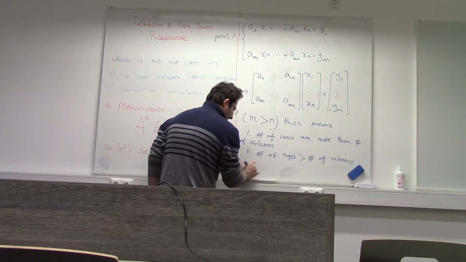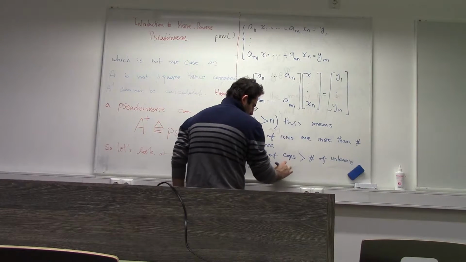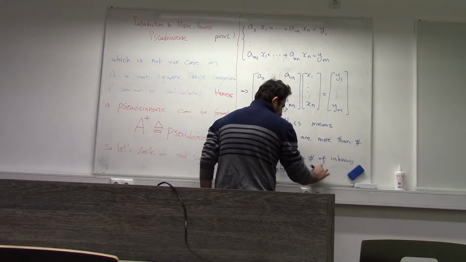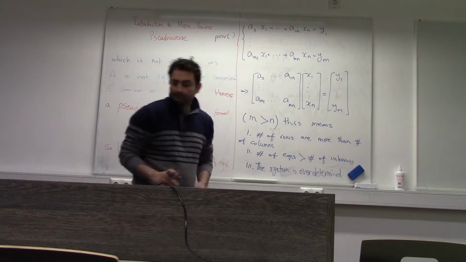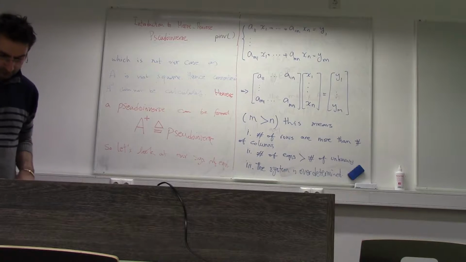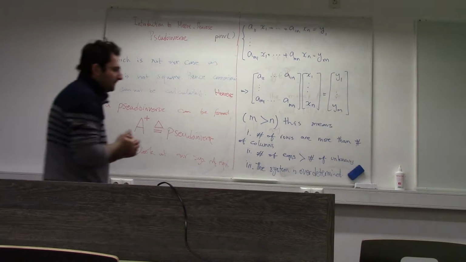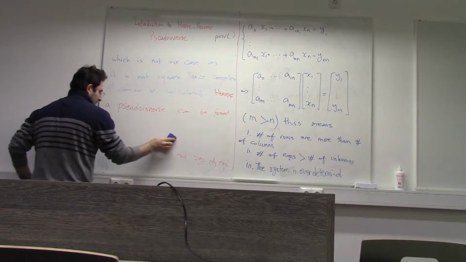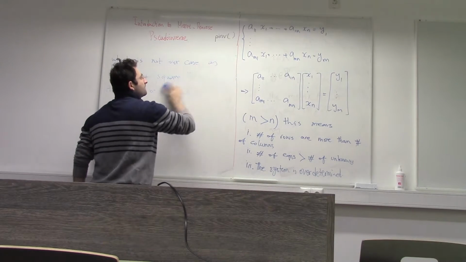And for instance, again, this means that the system is overdetermined. In such a case, we can use our hero called pseudo-inverse.